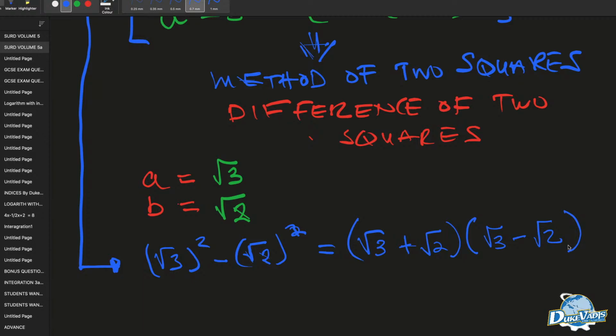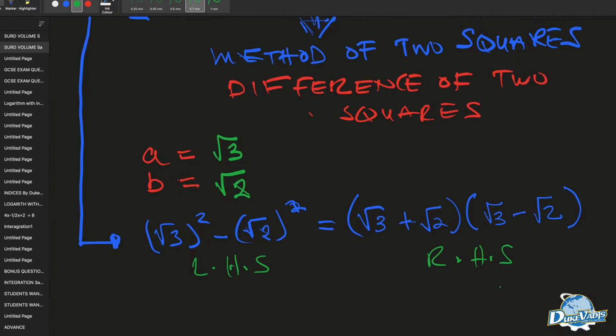When we look at this, if you want to work it out, as I said, let's call this one the left-hand side and this the right-hand side, and let's evaluate it and see that this formula holds.